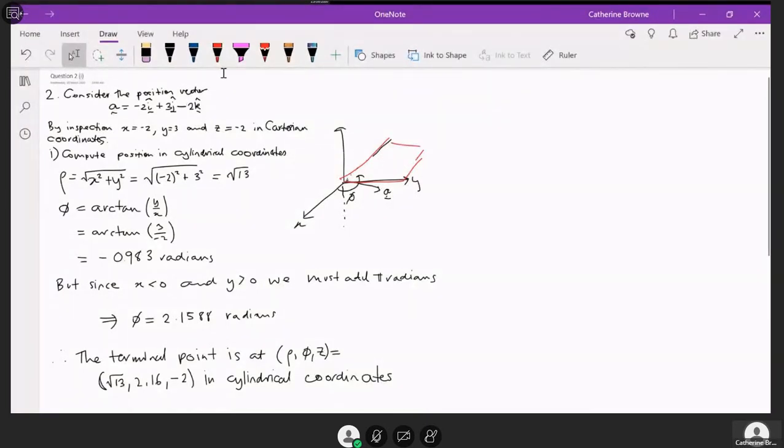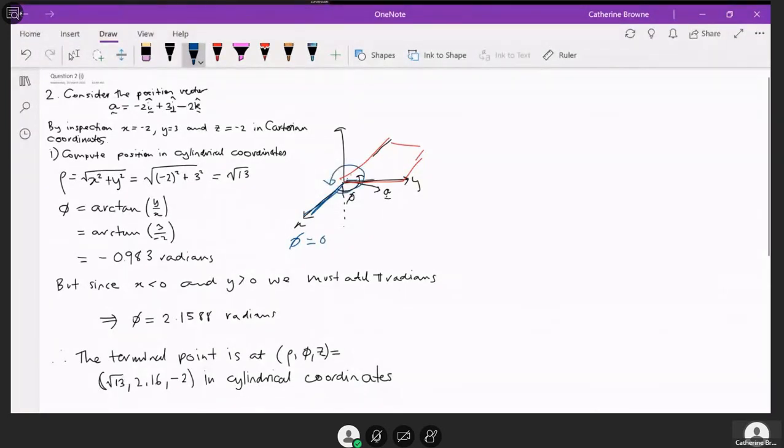So along the x-axis, phi is equal to 0, and then we go around with increasing phi.